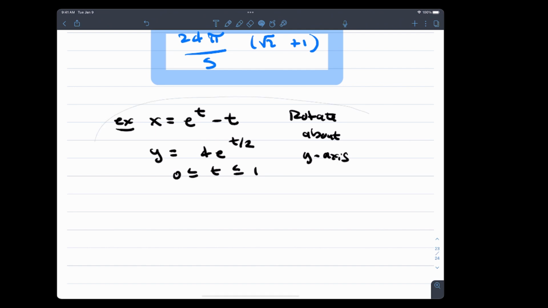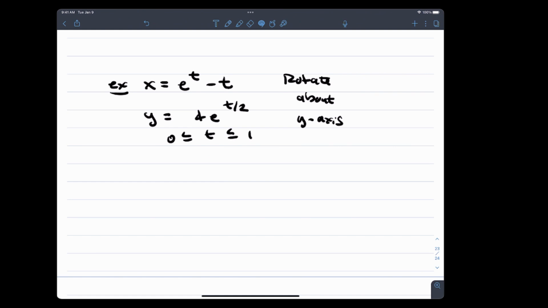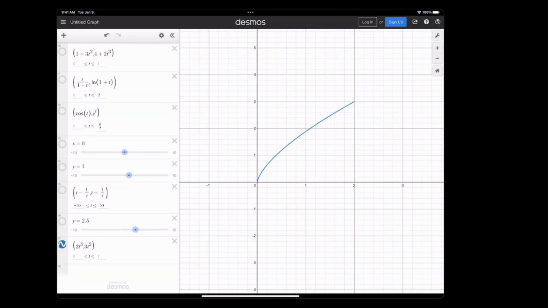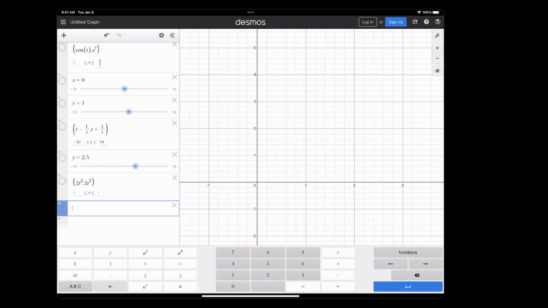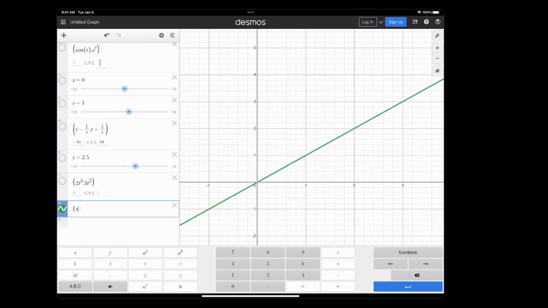Now, again, ladies and gentlemen, you don't really have to do this, but I think I am. Let me share with you guys this in Desmos. Okay, so your x will be equal to, no, I apologize, that's not how they do it.